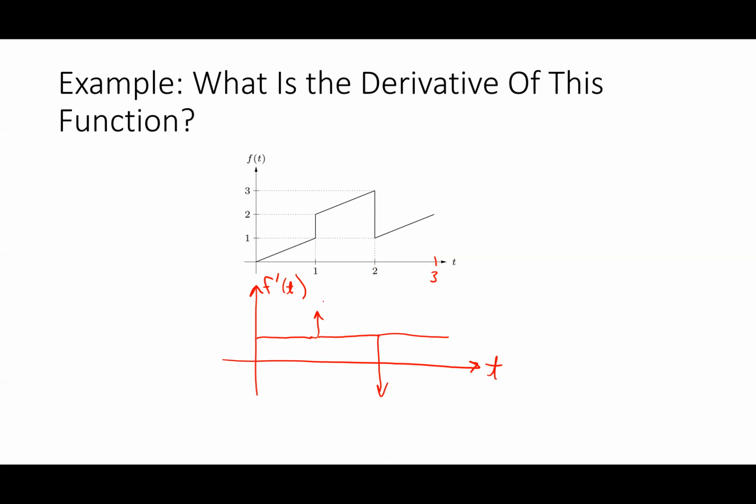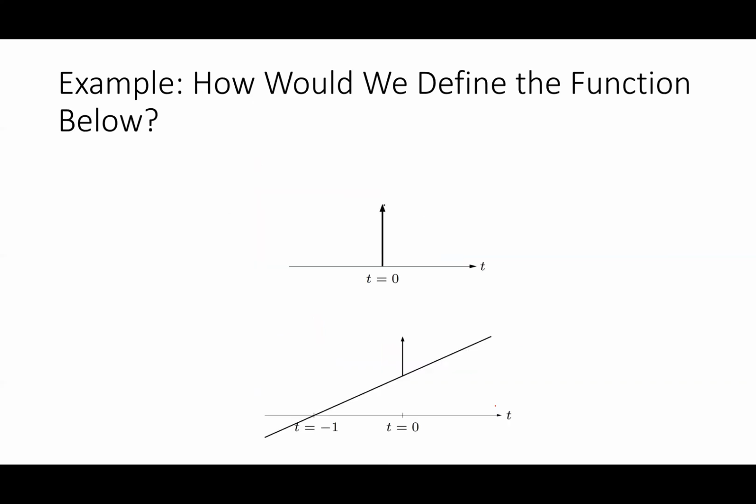So I represent this guy by saying he doesn't have a meaning for his height, but the area here is equal to 2. If I think about the area incorporated in that, it's going to be twice because of that jump of 2. So we define it in terms of its area.